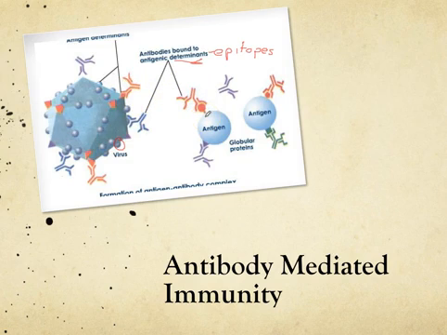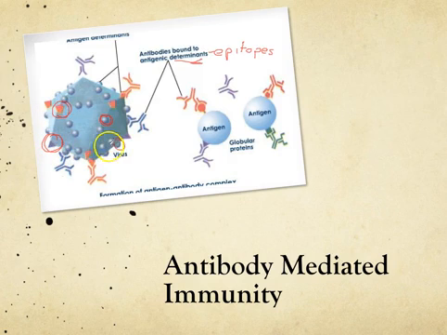Let me back up. So here we have this virus, right? If this gets gobbled up by an antigen presenting cell, those different MHC2 molecules on the surface of the antigen presenting cell may present slightly different epitopes. So perhaps one will present the circular one, another one will present this sort of red triangle one, another antigen presenting cell will present the purple one.